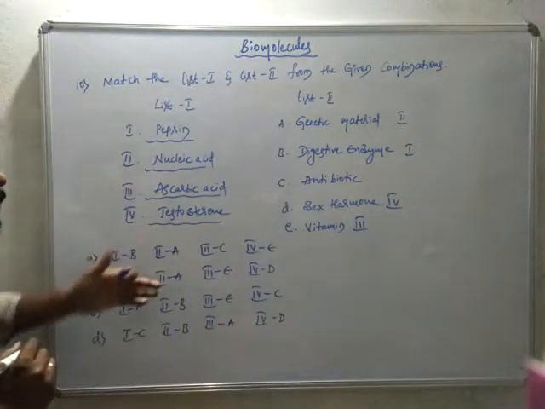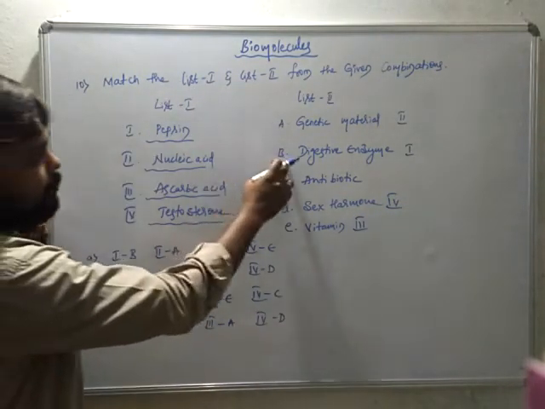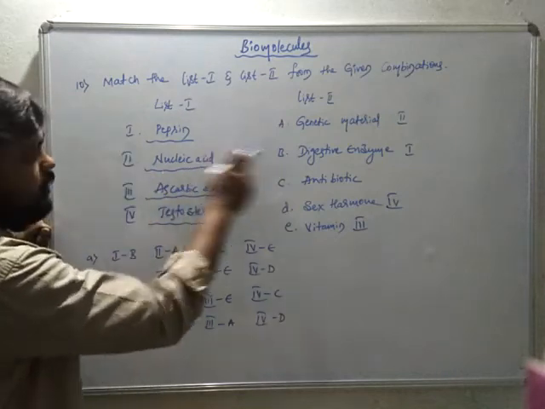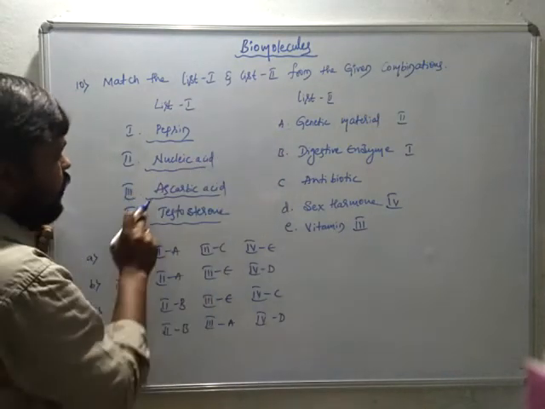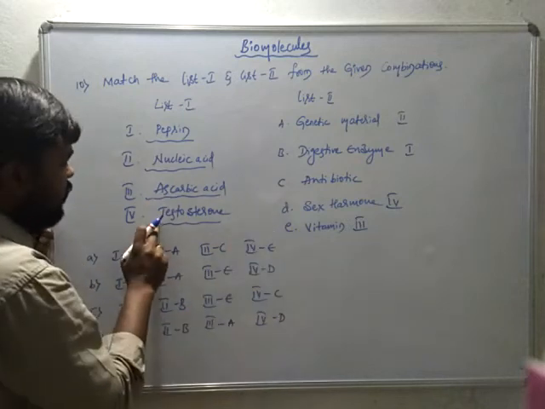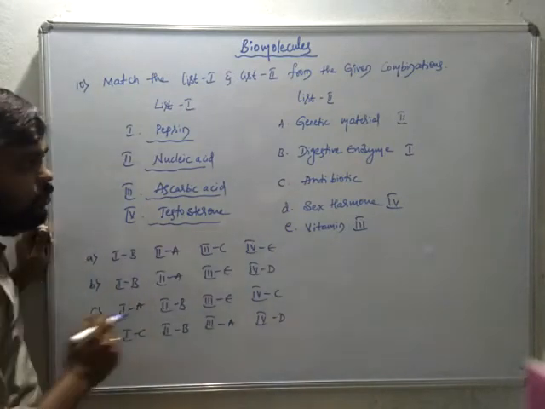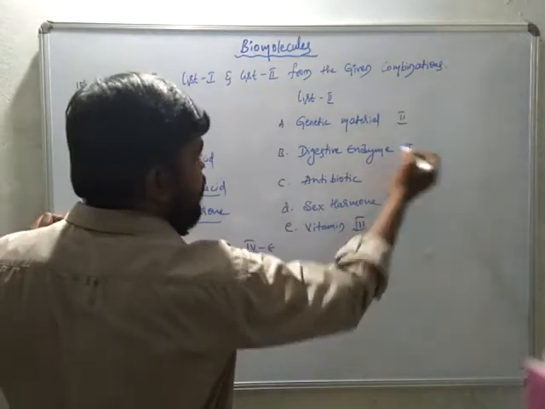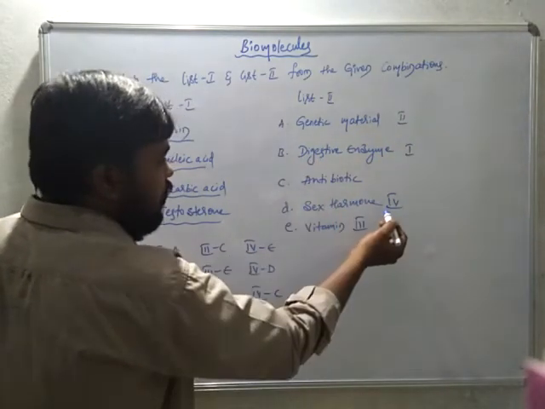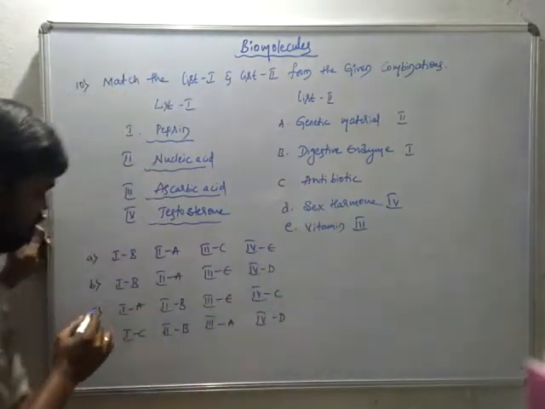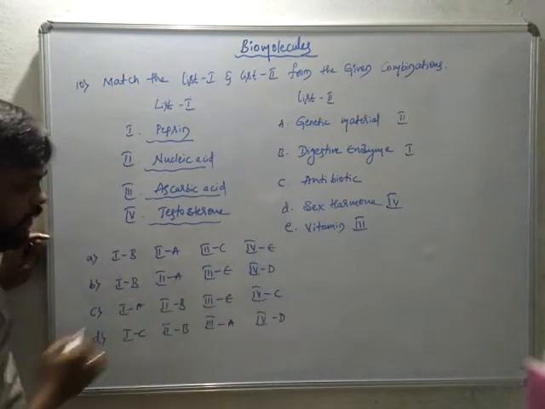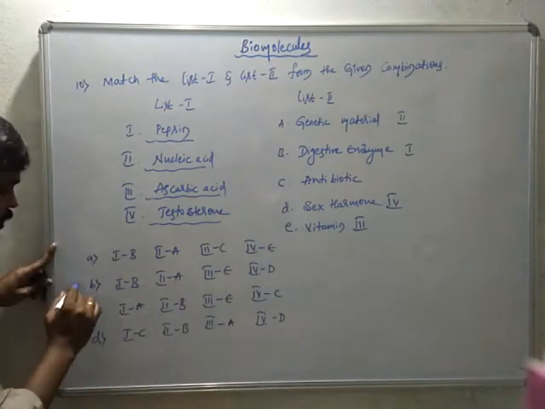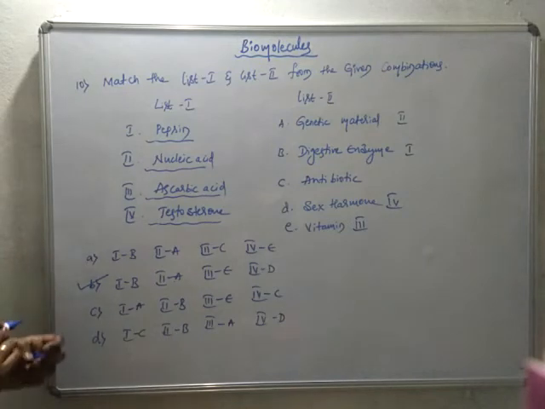If you see the combinations here, 1 with B, 2 with A, 3 with E and 4 with D. So here it is B, A, E and D, which is present in option B. Hence option B is the right answer.